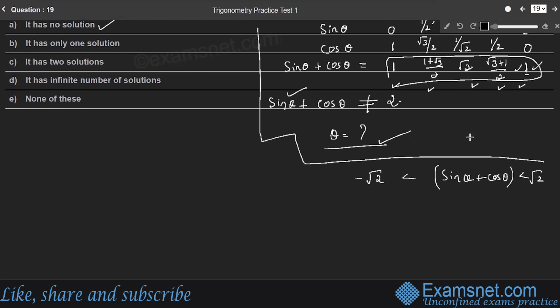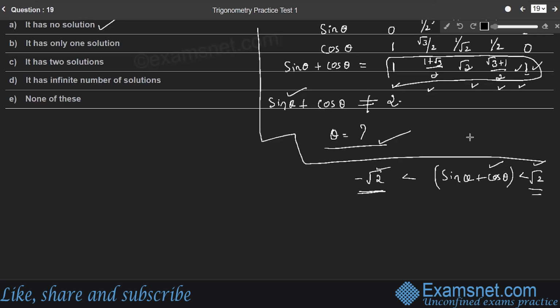Right? If you take the obtuse angle also, more than 90 degree or more than 180 degree, for any angle, sine theta plus cos theta lies between minus root 2 and plus root 2. So it cannot be equal to minus root 2 also, right?